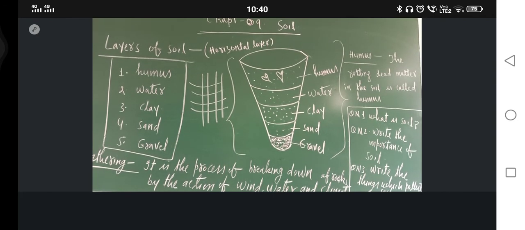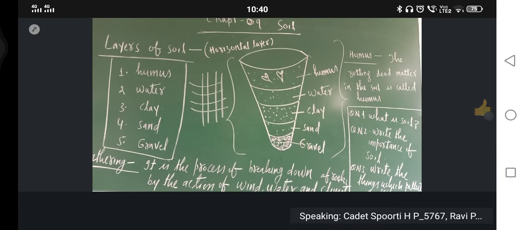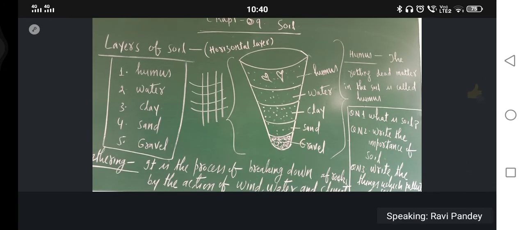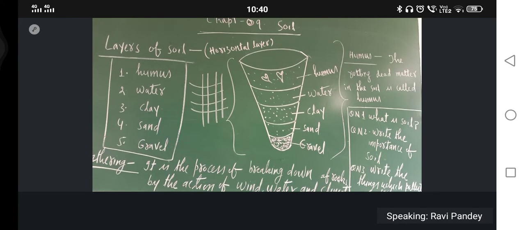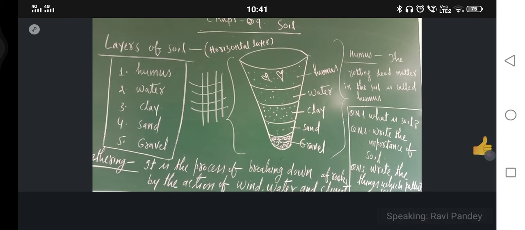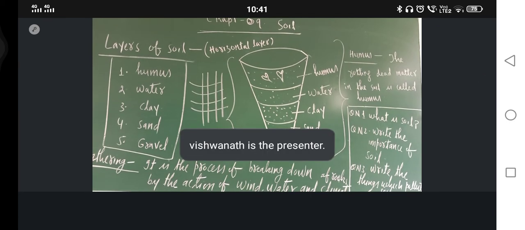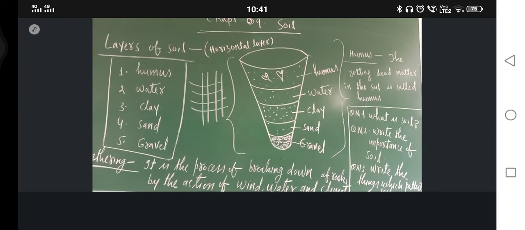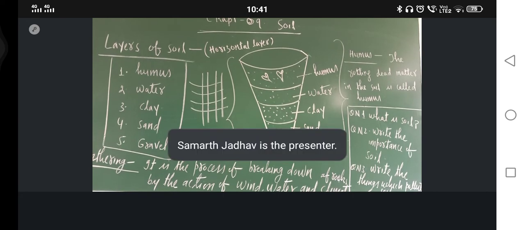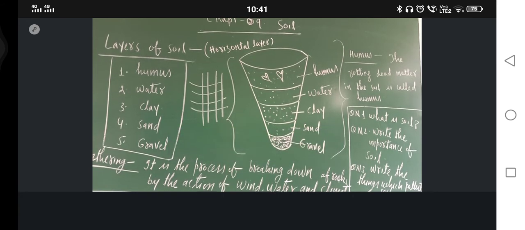After water, clay is there. Clay is made of very, very small particles. They are also found in the horizontal layers of soil. And after clay, there is a thick layer of sand. Everybody is aware of sand.